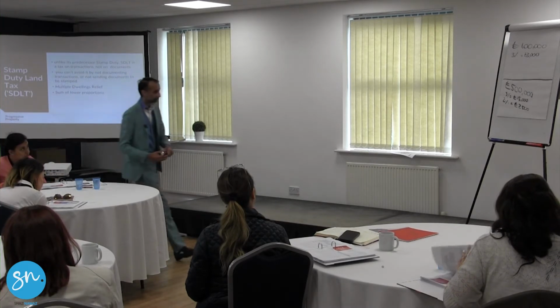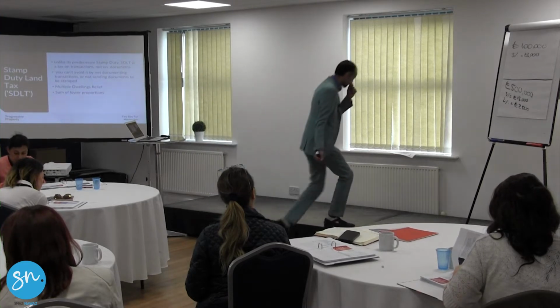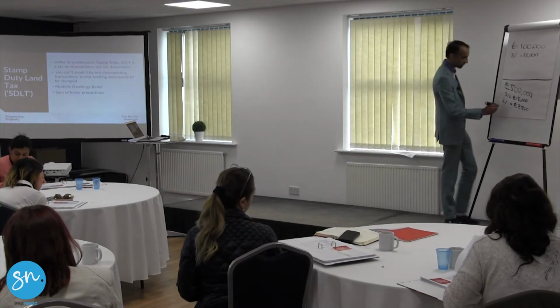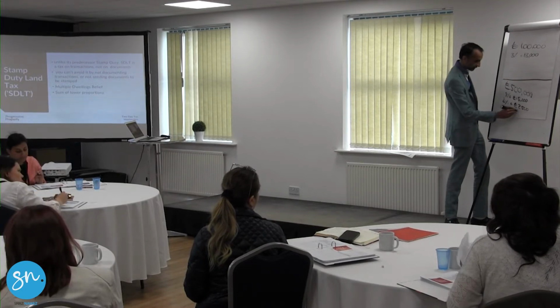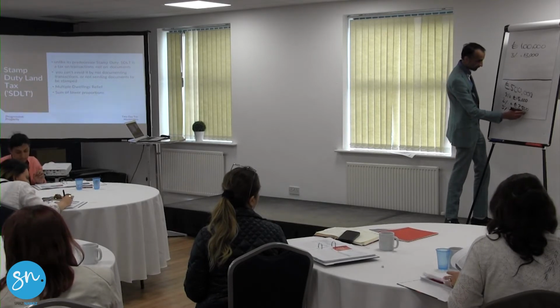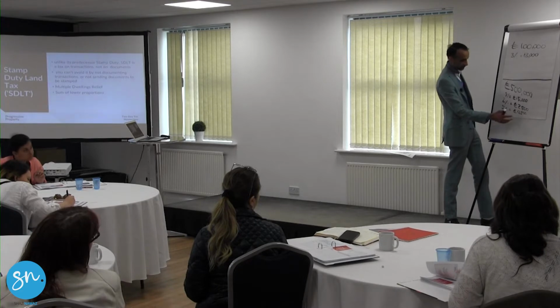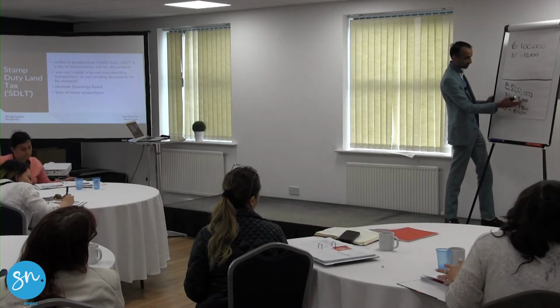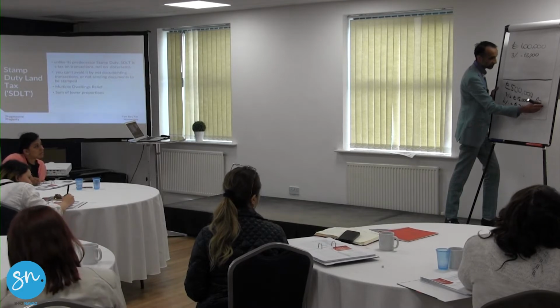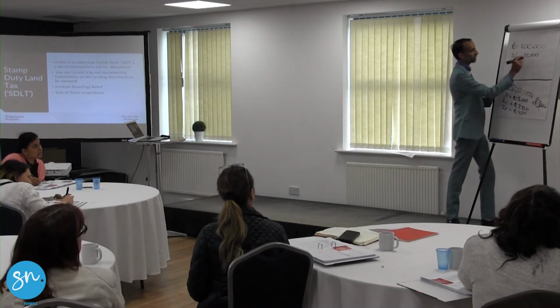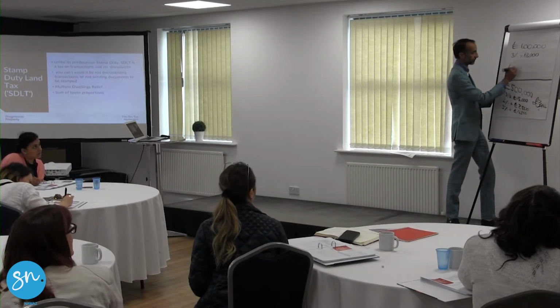Which is going to be 12,500. So 12.5 plus 2.5 gives you 15. 15 plus 15, 30,000, yeah? So here you're paying £30,000, and here you're paying £3,000, so you're paying 33,000, yeah?